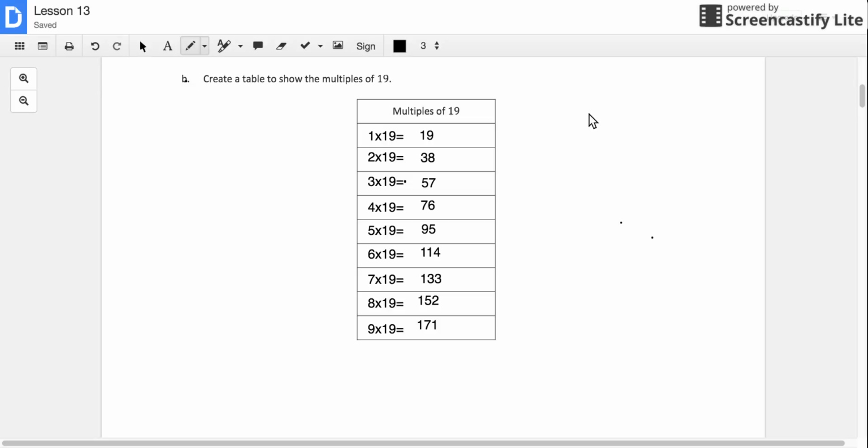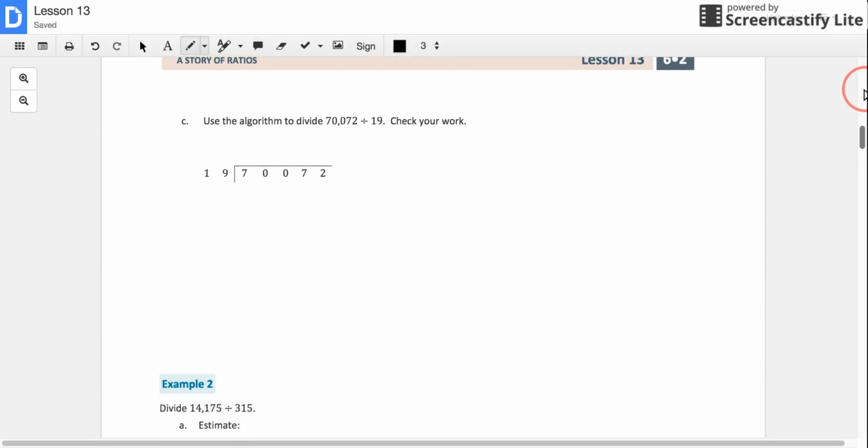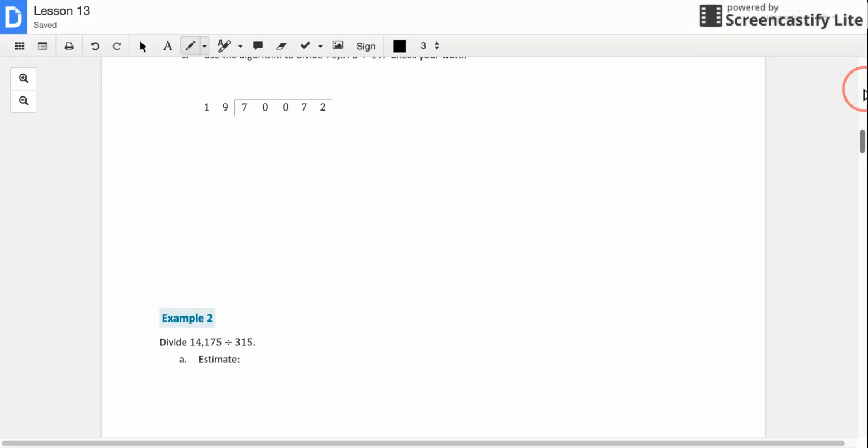Okay, so now we have the multiples of 19. 1 times 19 is 19. 2 times 19 is 38. And so on and so forth. We're going to use these multiples to help us as we do the standard algorithm. When we're looking at 19, we need to see how many groups of 19 we can fit into a number the size of 70.